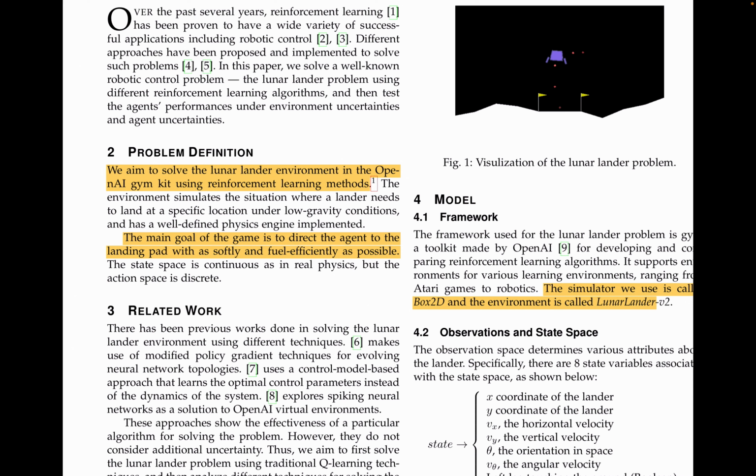We'll not go through the related work much, as it does not involve many interesting aspects. I'll move forward to this figure. It's a very interesting figure. When we talk about the agent and the environment, this lander is the agent over here, for your reference, right? And this whole black space and the landing part is the environment.